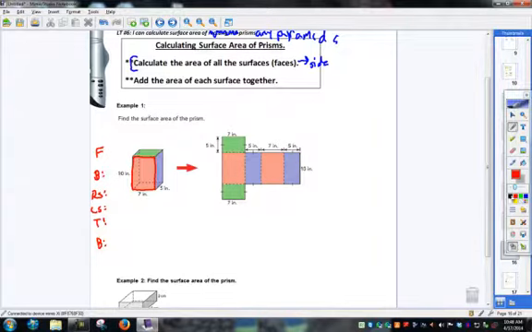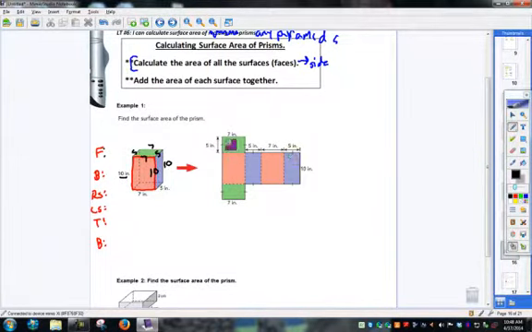Okay. Now remember that skill I showed you that will really help you is if you go through here and just put your dimensions on there around the shape. Okay. The distance between the top and the bottom here is 10, 10, and 10. Okay. The distance between the front and the back is 5, 5, and 5. And the distance between the right side and the left side is 7 and 7. And that's really going to help you.